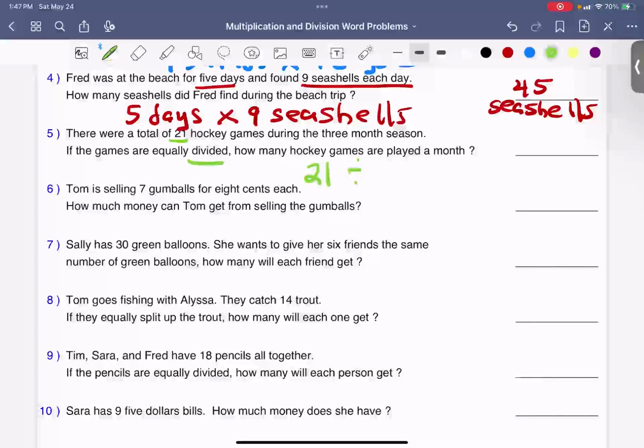And then during the 3-month season, I want to find out how many were played each month, and we have a total of 3 months. So I got to divide the 21 games by the 3 months. So 21 games divided by 3 months equals 7 games a month.